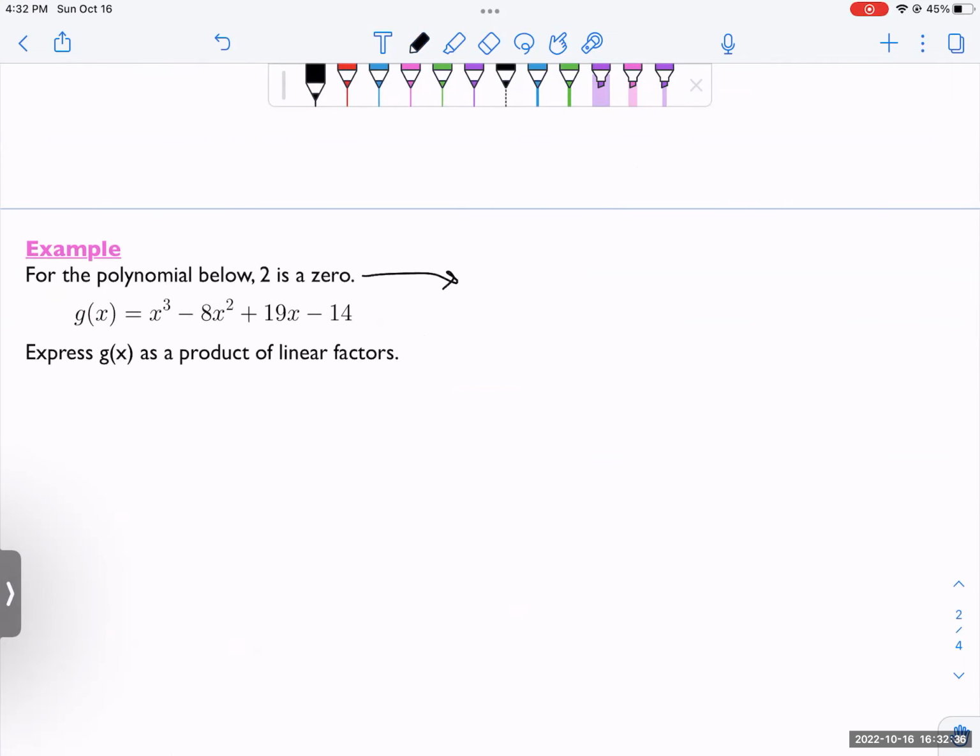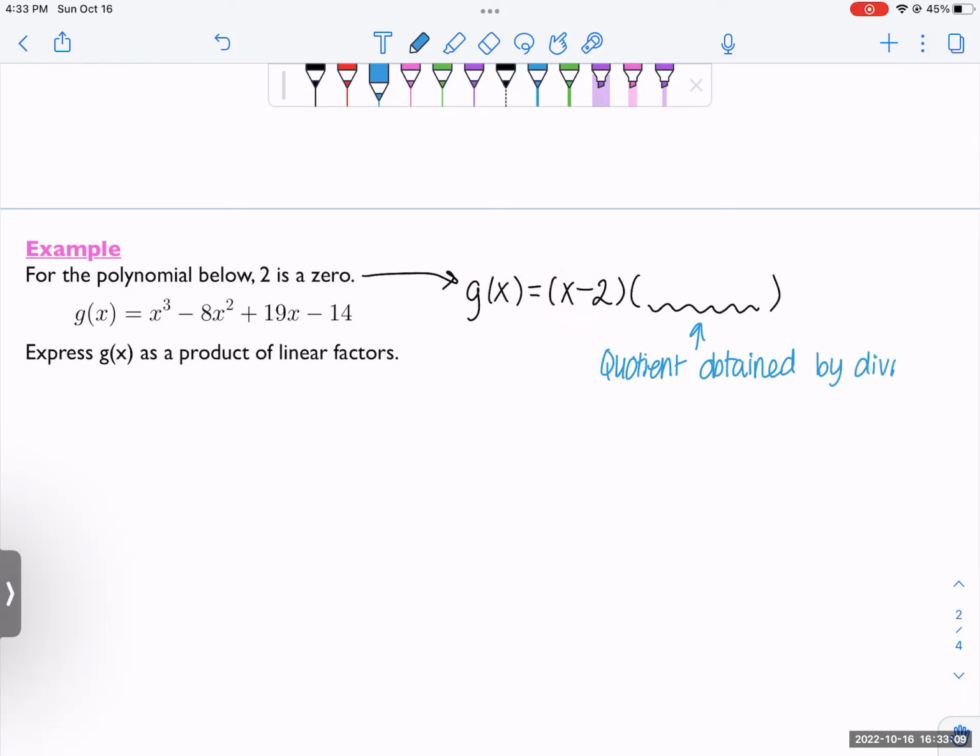So if 2 is a 0, that's going to mean that g of x can be written as x minus 2 times something. This something right here is going to be the quotient obtained by dividing g of x by x minus 2.